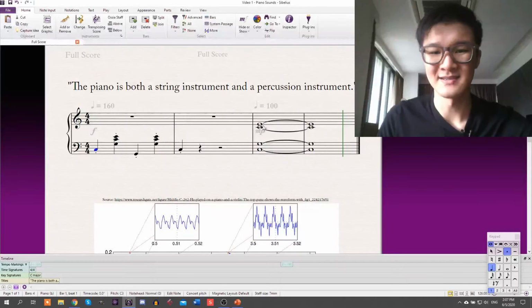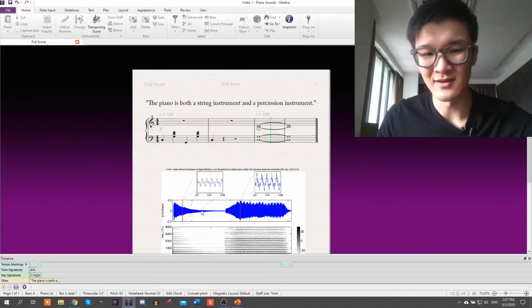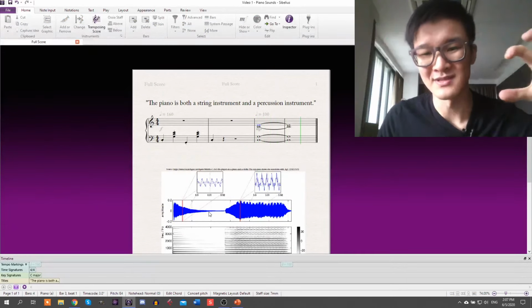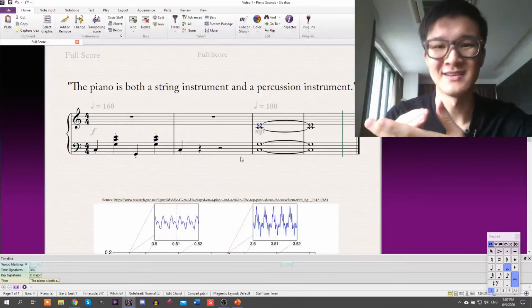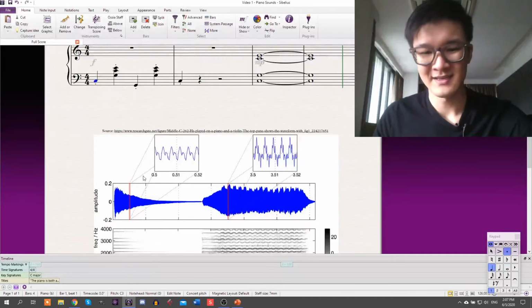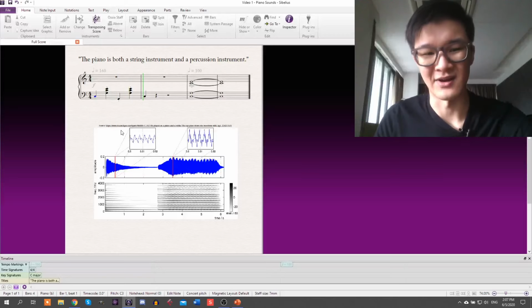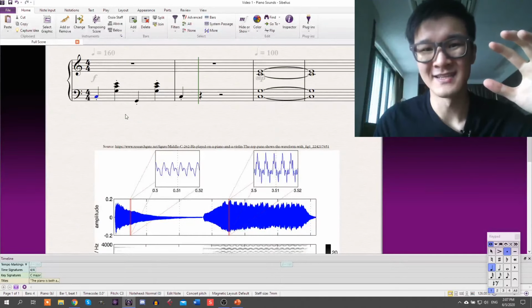So kind of like this. It starts loud, and then it tapers down, holds. You still hear the sound, but that initial knock, gone. Whereas in the first example, it's knock, knock, knock, knock. So that's the piano being a percussion instrument.